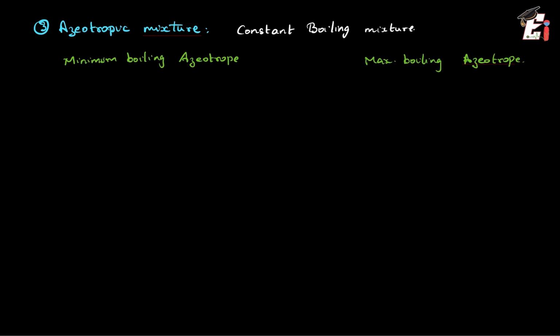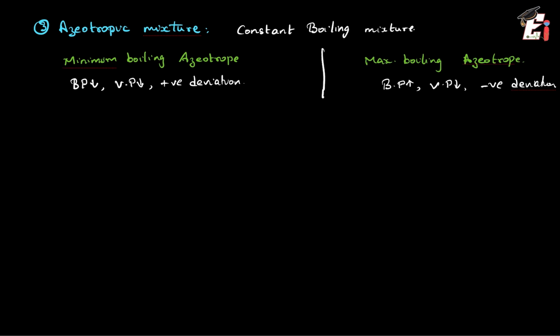If you talk about minimum boiling azeotrope, these have boiling point reduces, vapor pressure increases, and it has positive deviation from Raoult's law. In maximum boiling azeotrope, their boiling point increases, their vapor pressure decreases, and they show negative deviation. So this is about positive and negative, that is minimum and maximum boiling azeotrope.